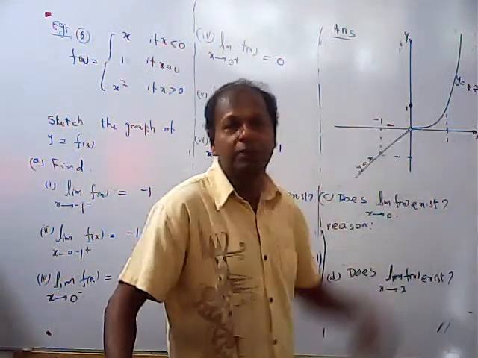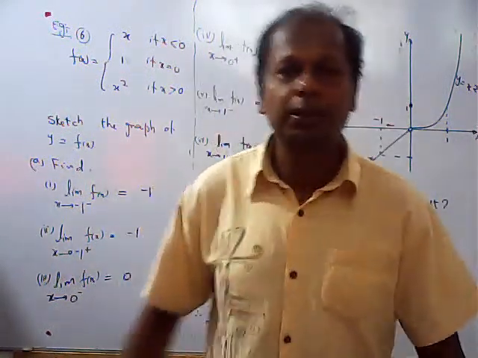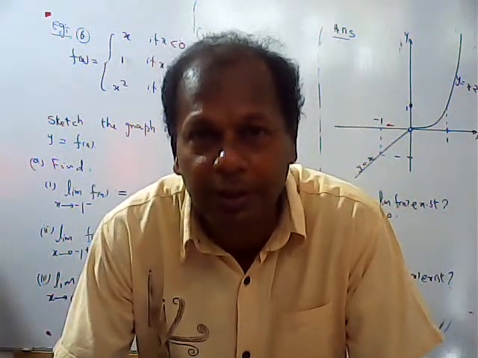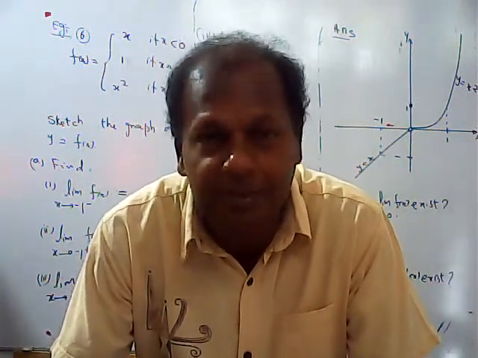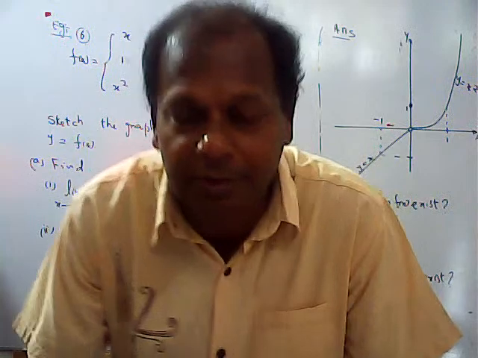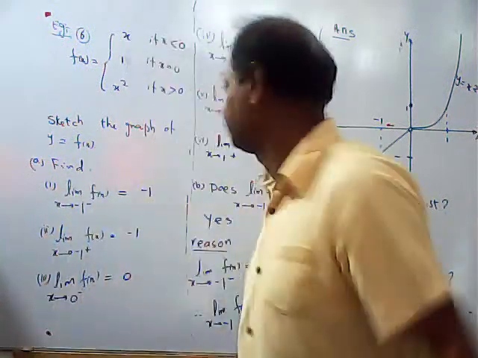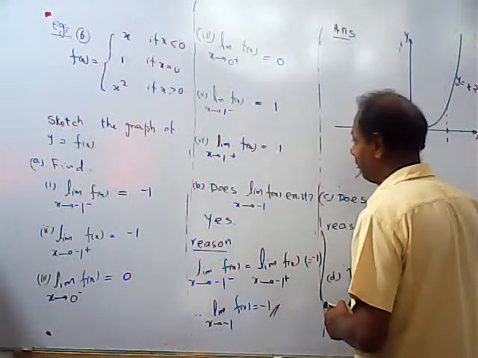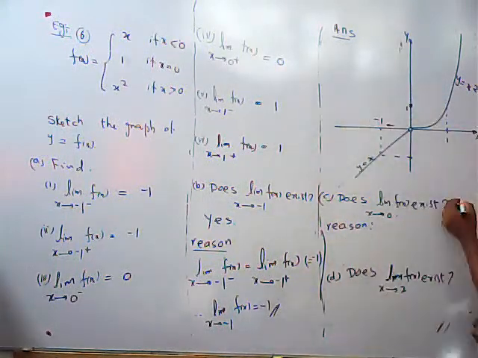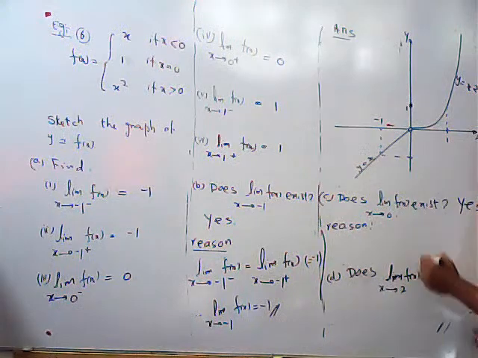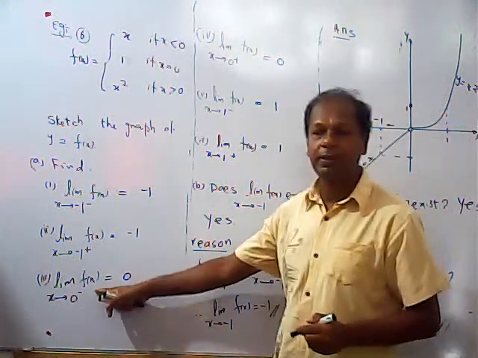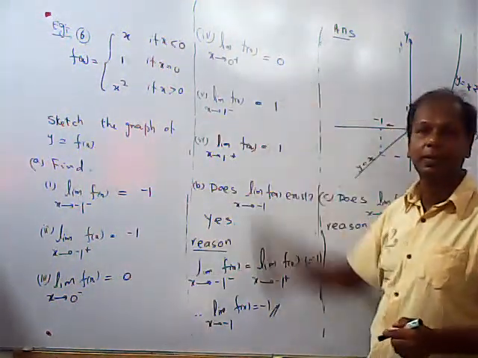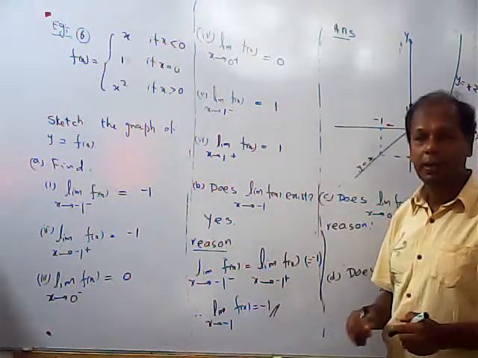The function value gets closer to 0, so that limit exists. Answer is yes. Here the answer is yes. Reason: left limit equals the right limit, and also they are equal to 0.